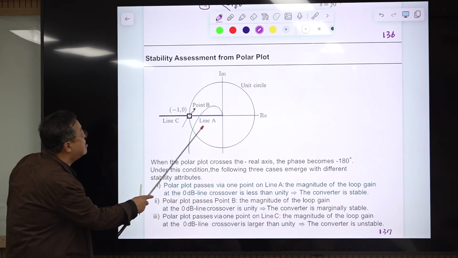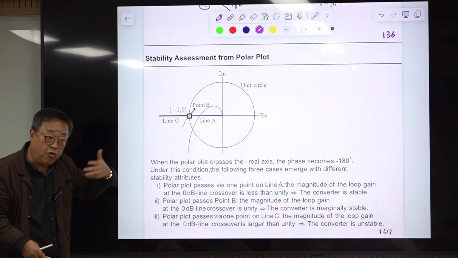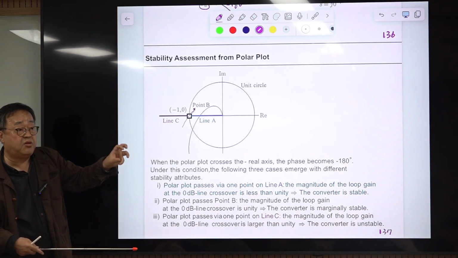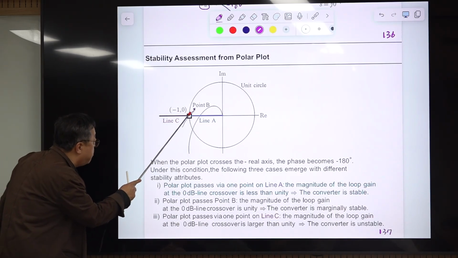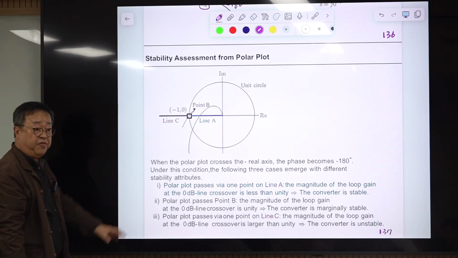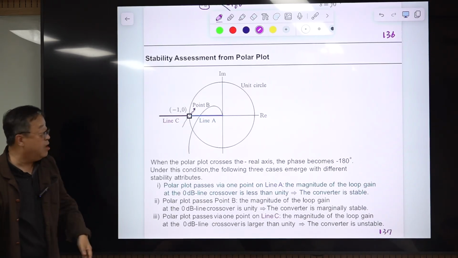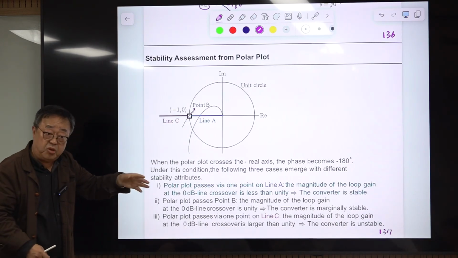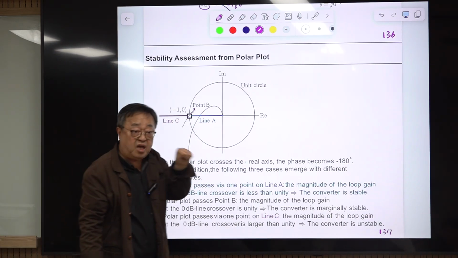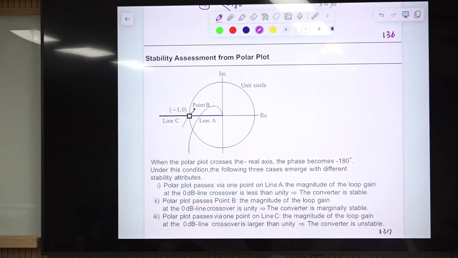If it passes this line segment A, then the magnitude is smaller than 1, which means the ratio is reducing. If it passes this point exactly, then the ratio remains 1, so a sustained oscillation is going on. If it passes this one, the ratio between the excitation and the return is larger than 1, which means a growing oscillation is coming up.